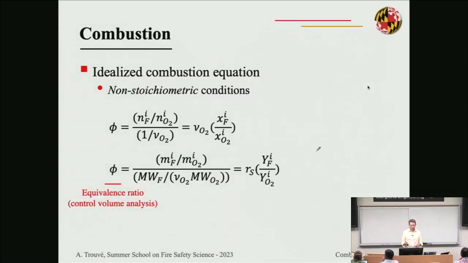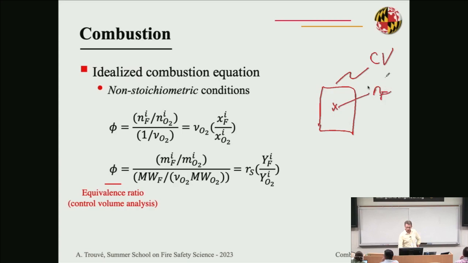Well, to be able to answer that question, you need to have a control volume analysis. So you're going to give yourself a control volume, and you're going to look at the number of moles of fuel that you have under initial conditions. The superscript I means initial state, and the number of moles of oxygen that you have in this control volume, assuming a well-mixed mixture of fuel and oxygen, prior to burning.